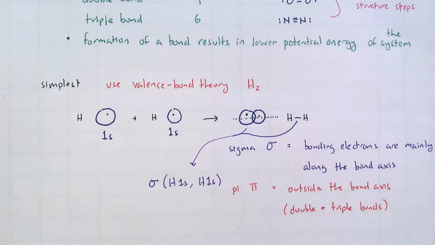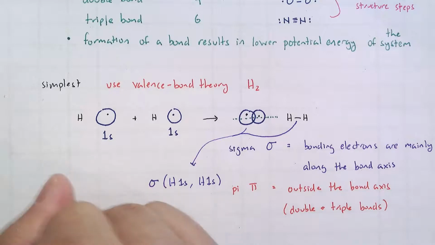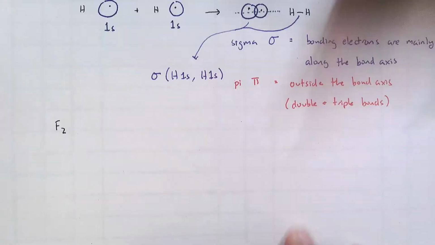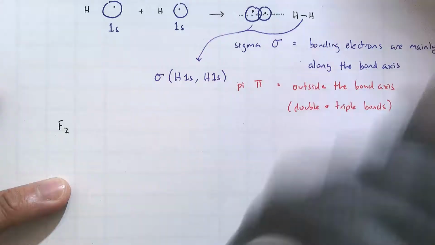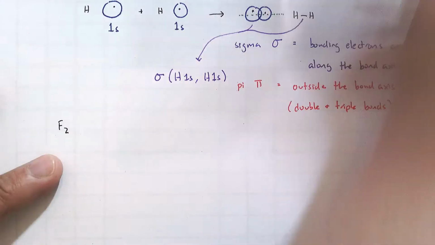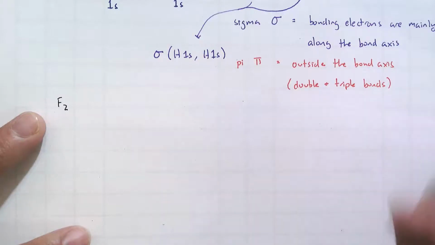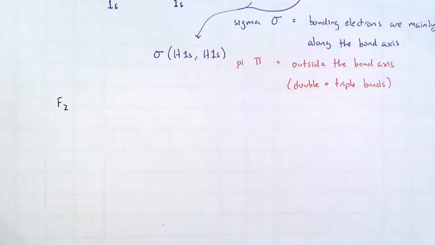Let's do F2. So for F2, we have to visualize each individual atom and find the orbitals that have only one electron. It's going to be a valence orbital. It's going to be the valence electrons that are involved in bonding.